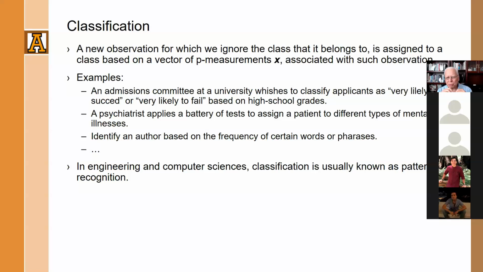For example, based on some characteristics, the patient's answers to certain questionnaires and all that, will that patient be schizophrenic or not? Okay. Identify an author based on the frequency of certain words or phrases. That will go in the area of text analysis.